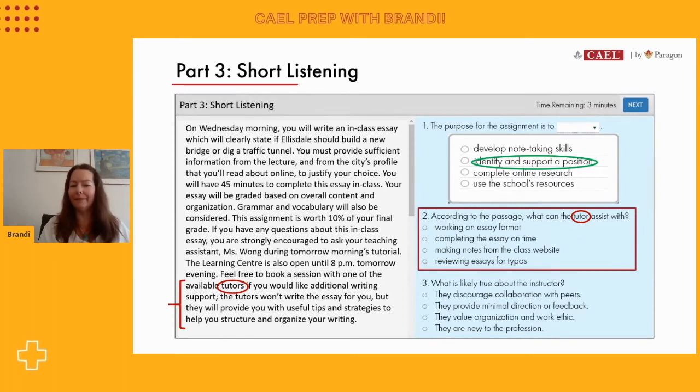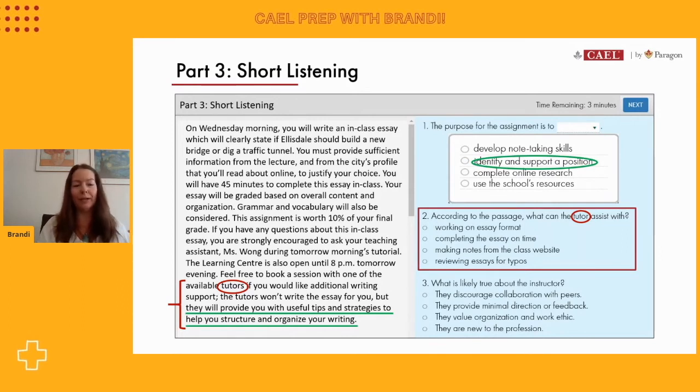So we learn here that if the students go to see a tutor, the tutor will not write the essay for us, of course, but the teacher says the tutor will provide you with useful tips and strategies to help you structure and organize your writing. So when you look back at your 4 answer choices, the wording is different.